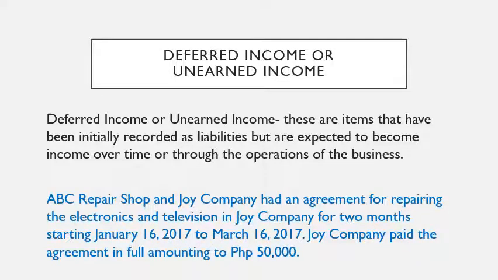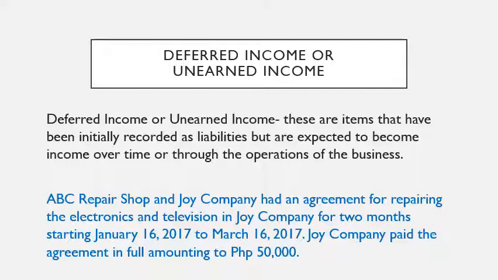So, an example transaction here: ABC Repair Shop and Joy Company had an agreement for repairing the electronics and television in Joy Company for 2 months, starting January 16 to March 16. Joy Company paid the agreement in full, amounting to 50,000 pesos.